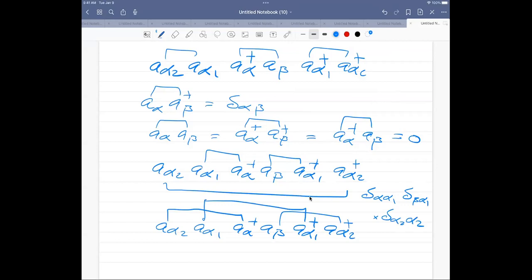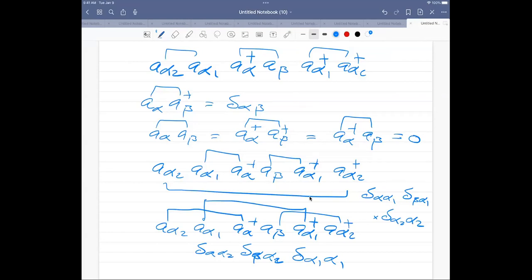And this would be the term which has delta alpha, alpha 2, delta beta, alpha 1, alpha 2, and delta alpha 1, alpha 1. And these are the only two terms which survive.